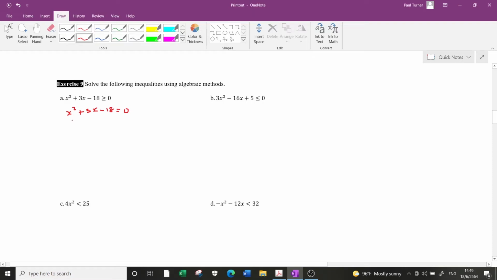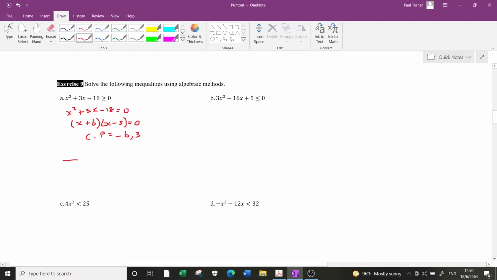And then we factorize x, that would be 6 times -3, right? So 6 times -3, -18. 6 plus -3 is 3. So the critical points, which are your x-intercept, would be -6 and 3.